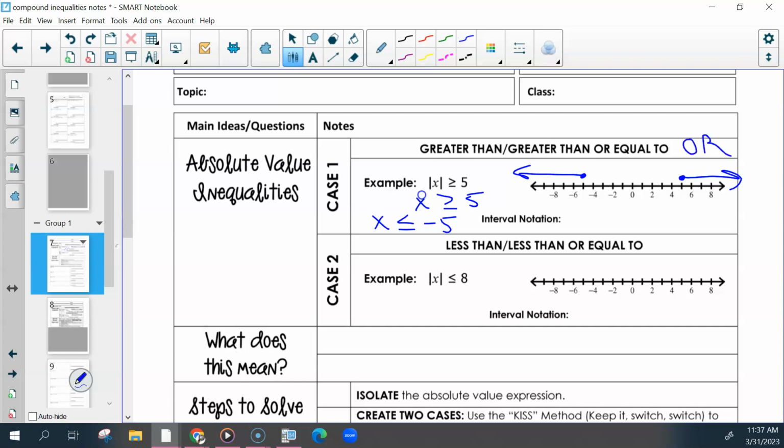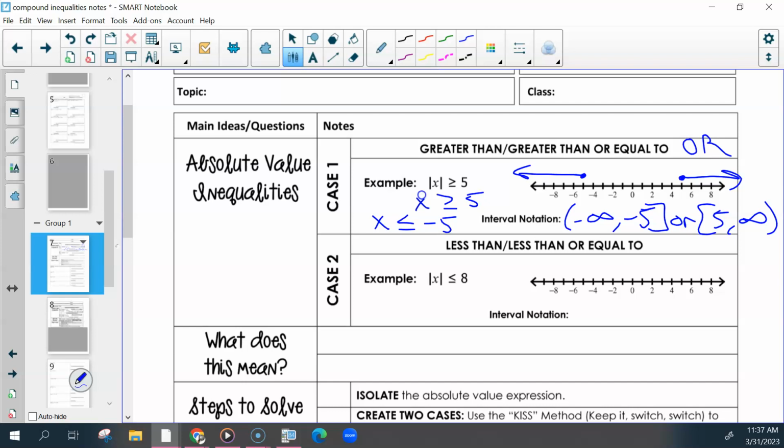So that means they're going to graph apart. So that interval notation would start at negative infinity, go to negative 5, be a bracket, or start at 5, and go to infinity.